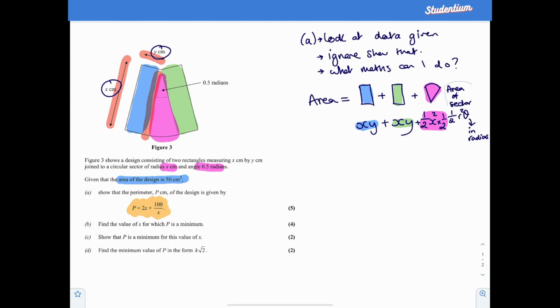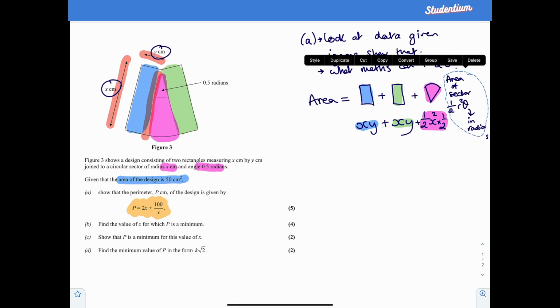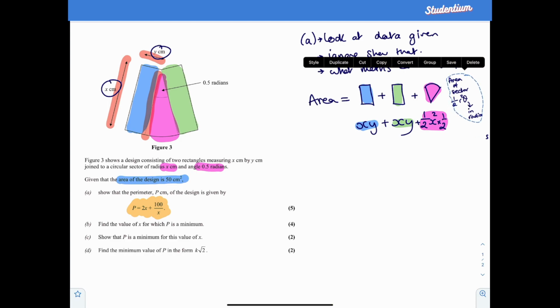This little equation for the area is something we can use moving forward through this question. We know that the area is the sum of all those things, which we can tidy up, but we also know that the area is equal to 50, because the question tells us the area of that design is 50 centimetres squared.